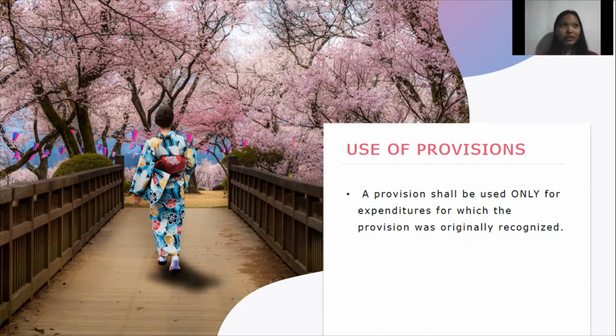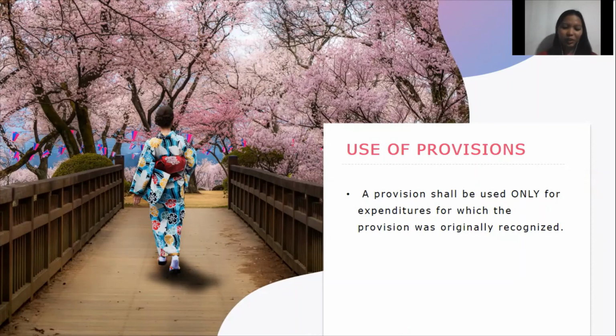So, ibig sabihin, kunyari, may loss on fire tayo. Example, dun sa contents ng warehouse. And yung contents ng warehouse na yun is naka-insured. Tapos ngayon, nagkaroon tayo ng explosion dun sa building. And may mga nadamay na mga other building dun sa explosion na yun.